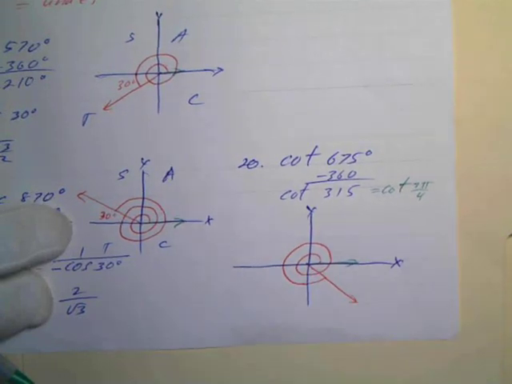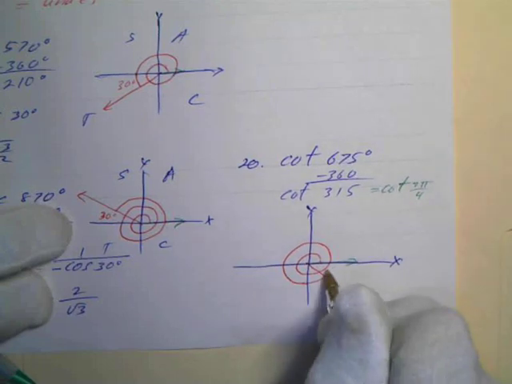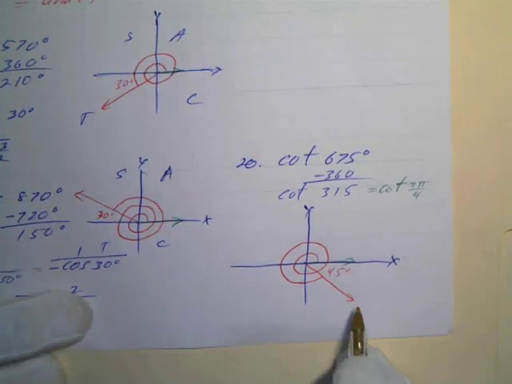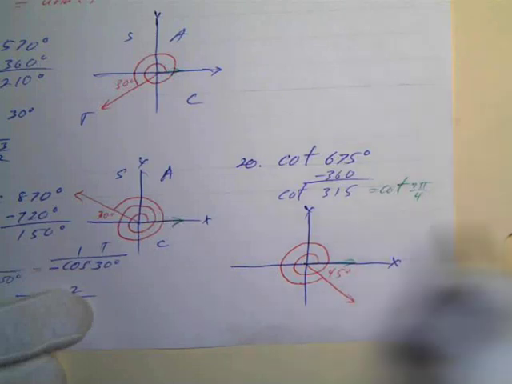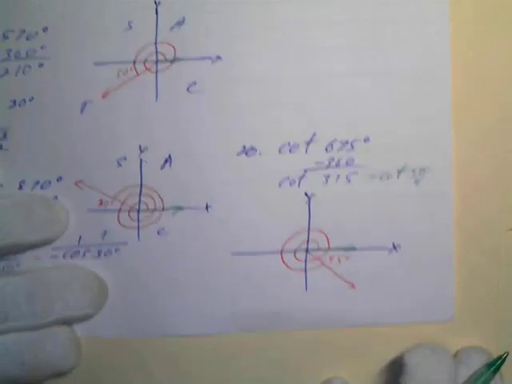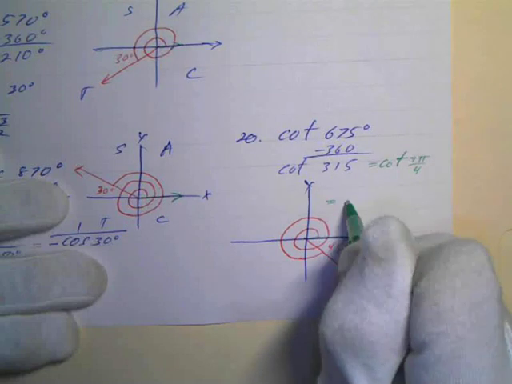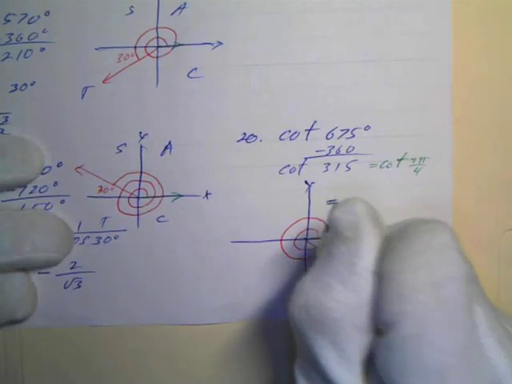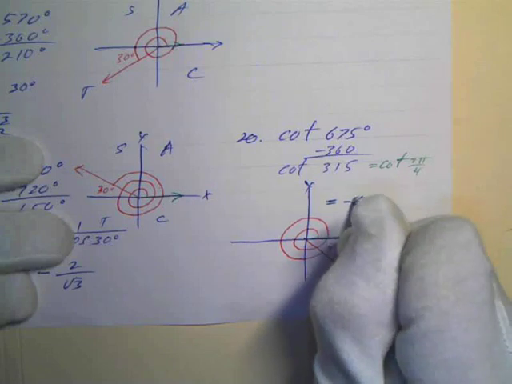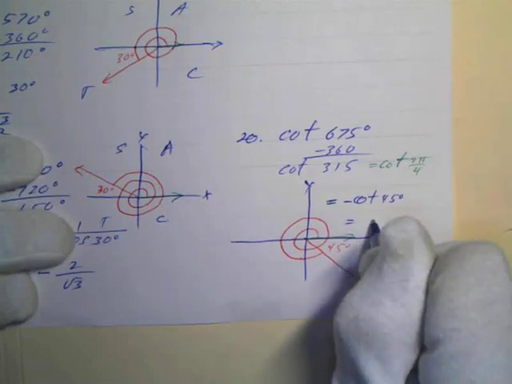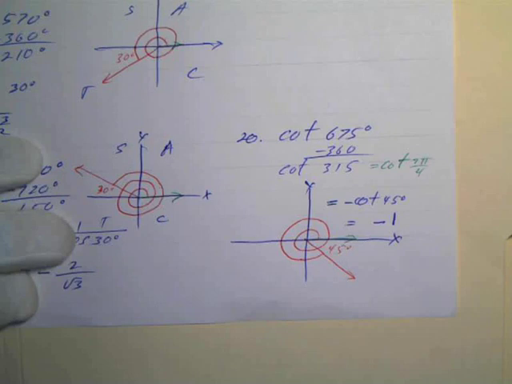And there's 45 degrees. Except in this quadrant it's negative, so it's going to be negative the cotangent of 45 degrees, which is equal to negative 1.